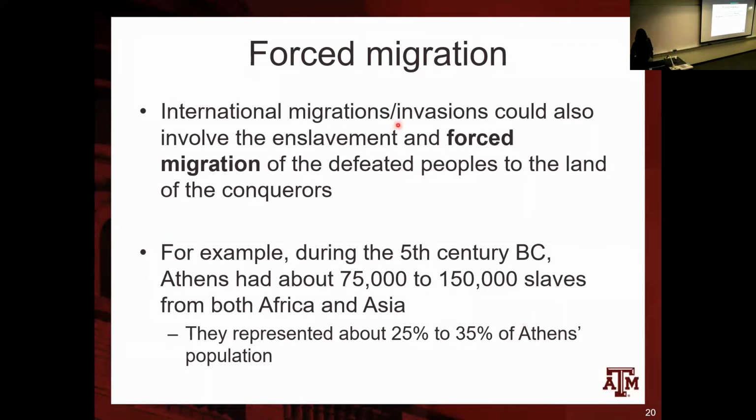For example, during the 5th century BC, Athens had about 75,000 to 150,000 slaves from both Africa and Asia. So you already had a lot of this forced migration going on from other countries to Europe. They represented about 25 to 35% of Athens' population. So that's a big proportion of the population, right? At least 1 out of 4 people in Athens at that time were slaves, brought from these wars.